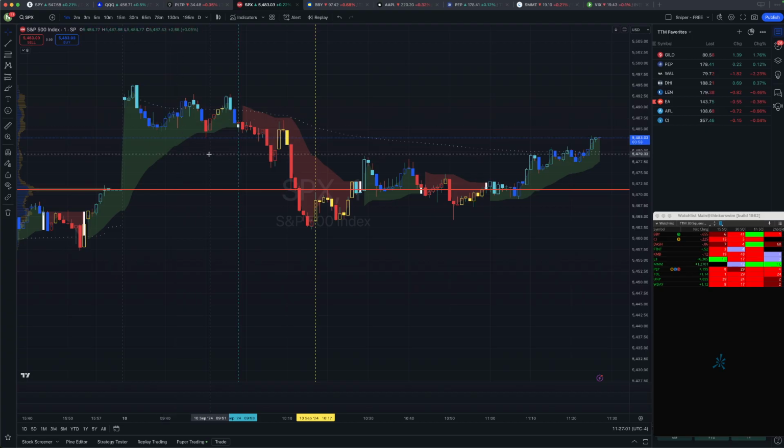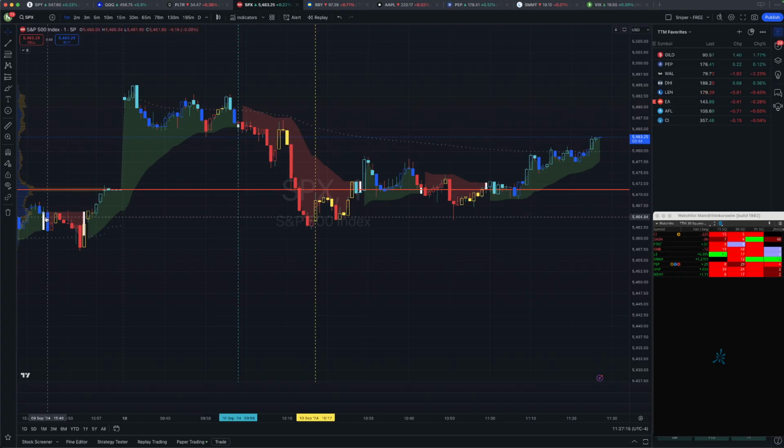So my general rule is nothing before 10 o'clock. I'm just watching the market, trying to figure out what kind of day we're going to have, watching the setups come in. If we have any kind of pull at the beginning of the market or a big run up, I'm not caught in that.